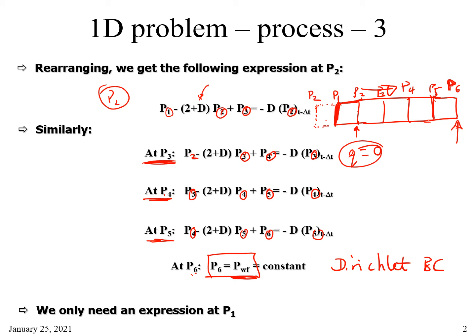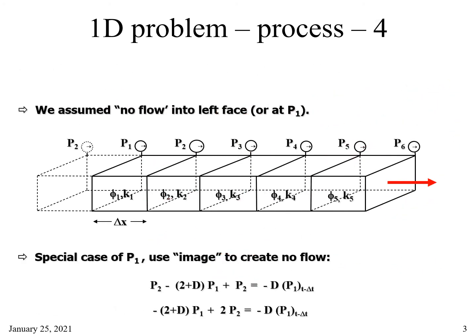So this will be P2 again. Why? Because if this is a mirror image of that, the flow that should be going away from this will be balanced by flow that should be going in this direction. So this will be a no-flow boundary condition. And that's the idea that is used in this setup.